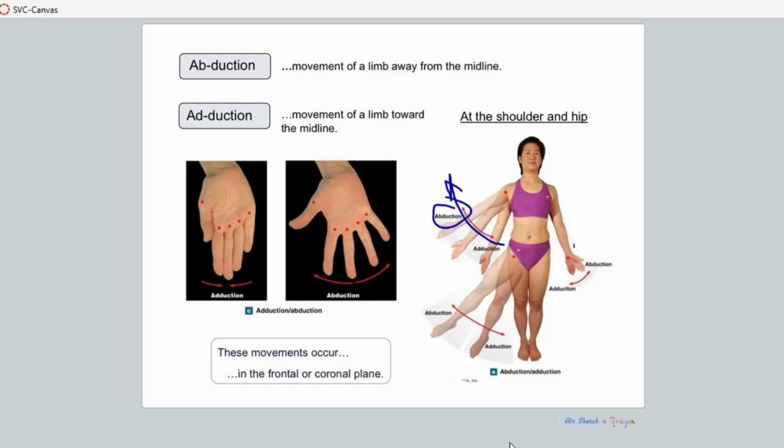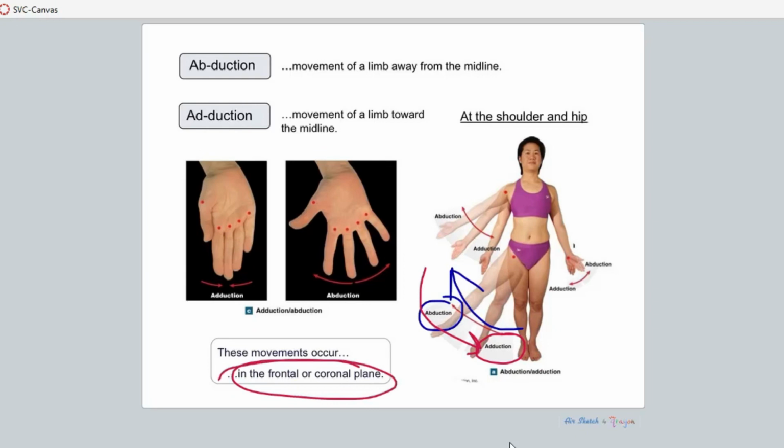Abduction. Bring it back in, adduction. How about at the hip? Abduction. Bring it back in, adduction. Something all these movements have in common is they're all moving in the frontal or the coronal plane.